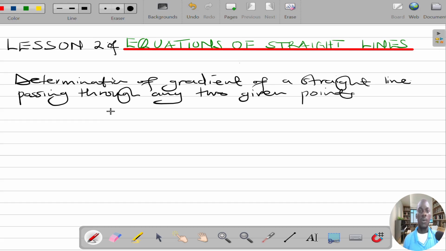So in case we've been given any 2 points, how do we calculate and determine the gradient of the line which passes through those 2 points?